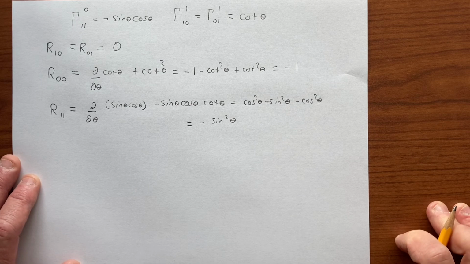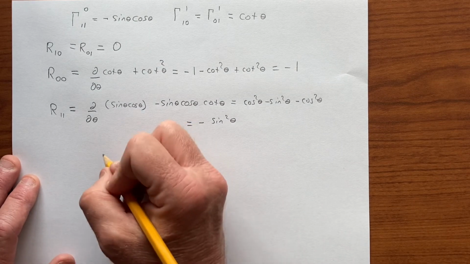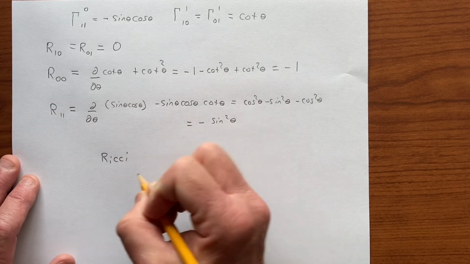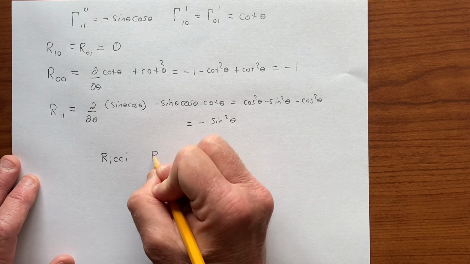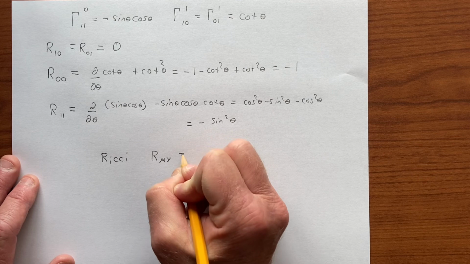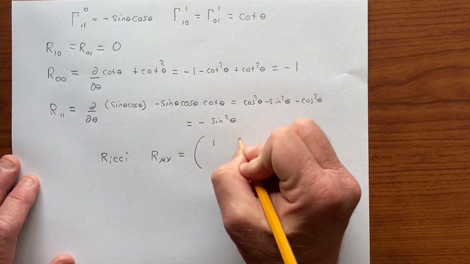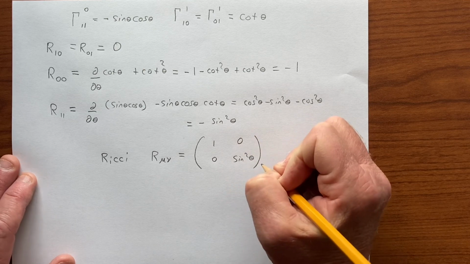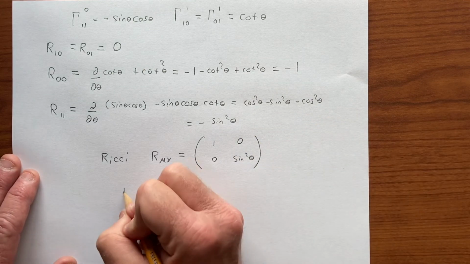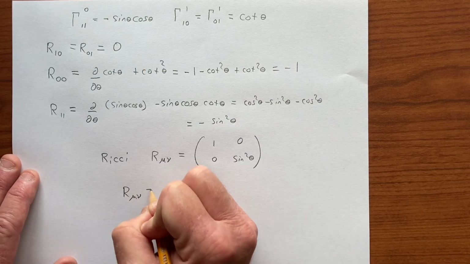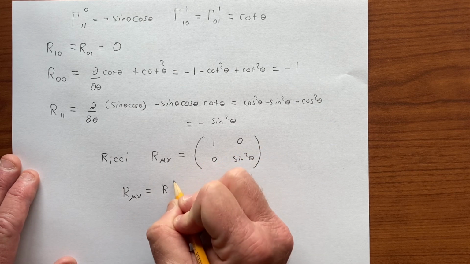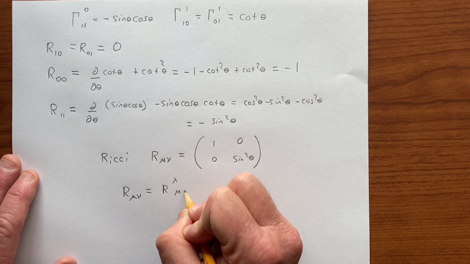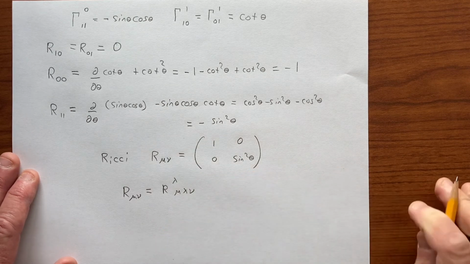So, I think the Ricci tensor actually has positive terms, so it's 1, 0, 0, sine squared of theta. I think it's actually R_μν equals R, we're using Greek indices now, μ, it's the middle one that we contract.